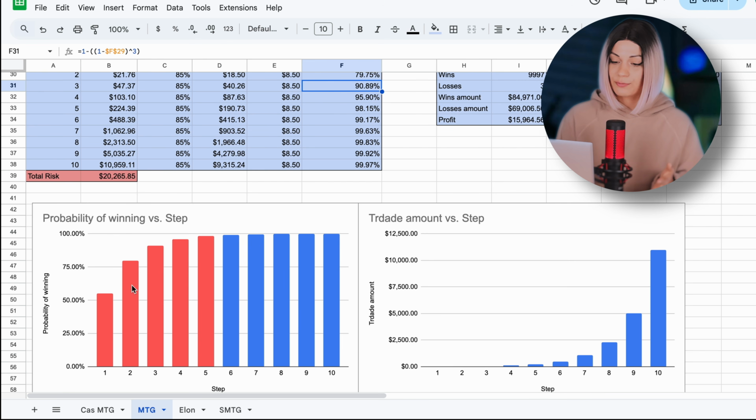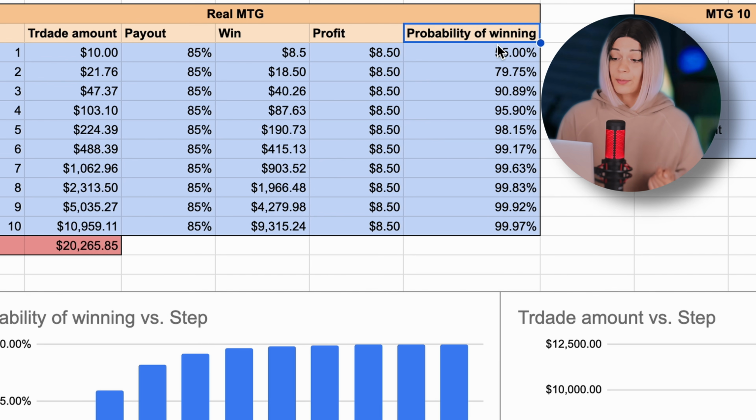But at the same time, we have the biggest growth of probability of winning. From 55%, we're jumping to 98% probability of winning. So the main growth of probability, we are taking it all. And the amount of money that we are using is not that huge, not freaking $20,000. Still a lot of money, but still not that much.